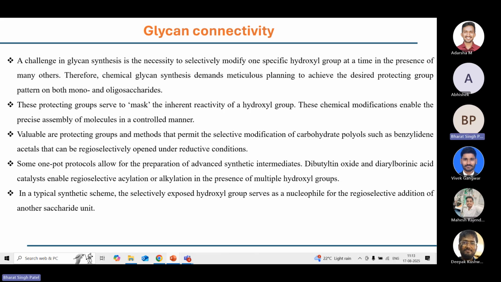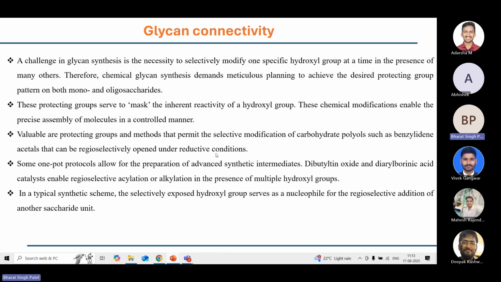For example, a benzylidene group can be installed, and after one modification it can be selectively opened under reductive conditions, to give either the C4 free hydroxy or the C6. Then again, that can be utilized for further glycan synthesis.